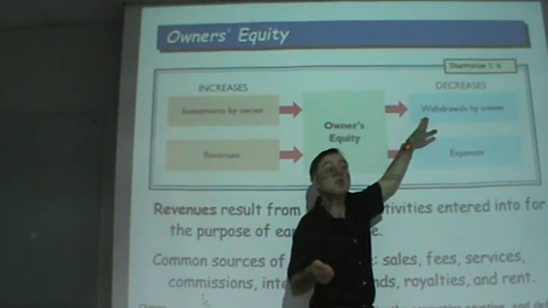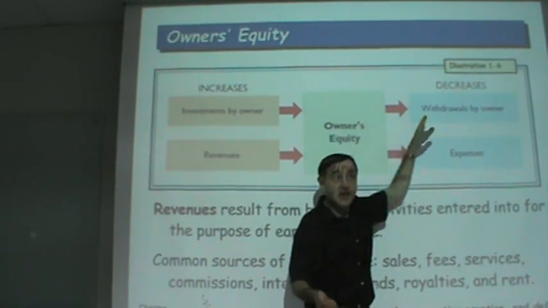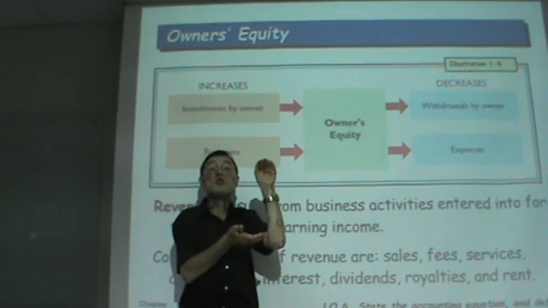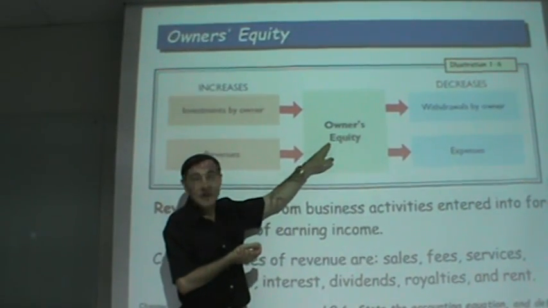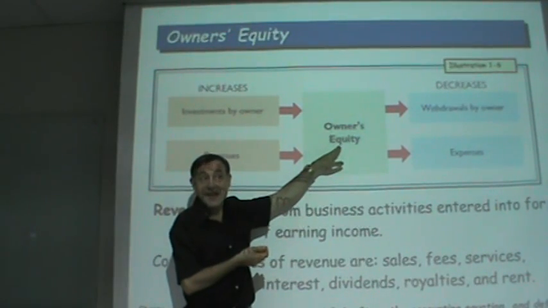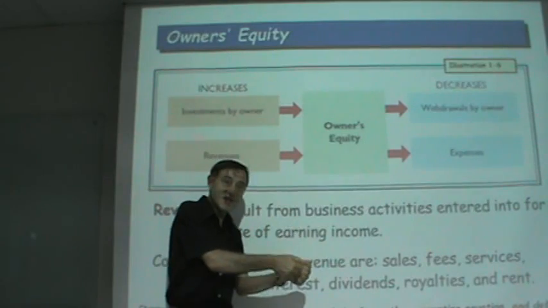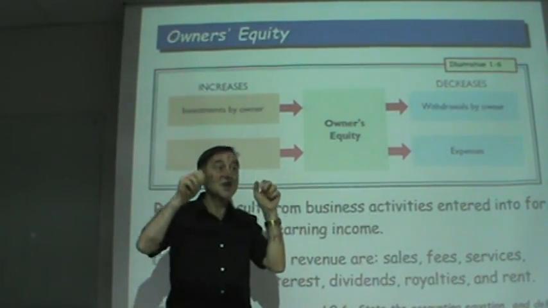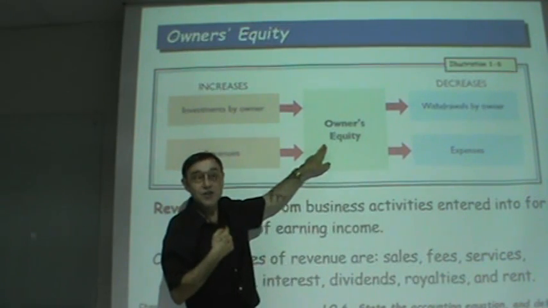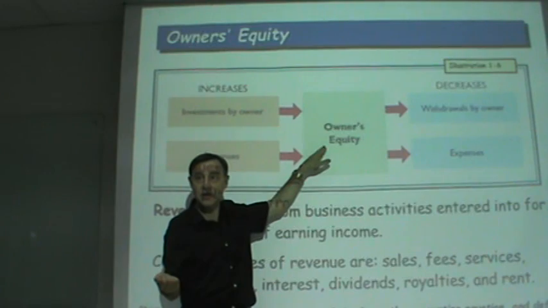Dividend is the proper, correct word, okay? Or withdrawal. So, withdrawal is a reduction of capital. I'm going to say equity, same as capital. Reduction of capital because the business, we say the word distributes, distributes capital to the owner.